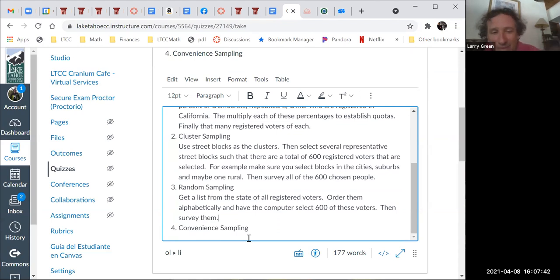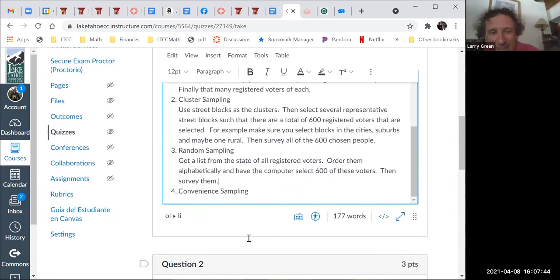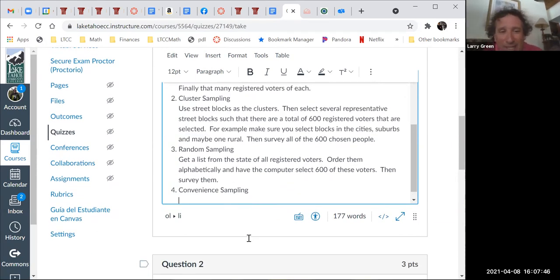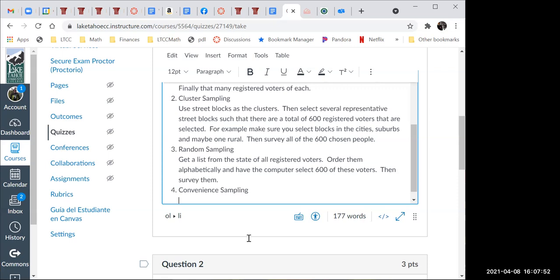Convenience sampling is actually pretty easy too. What about convenience sampling? Survey people from your town.